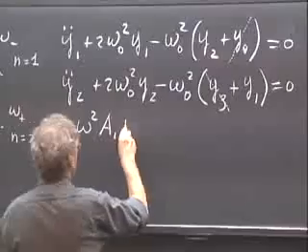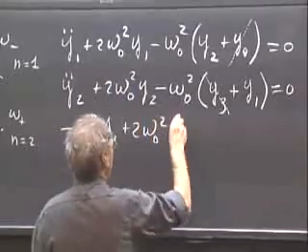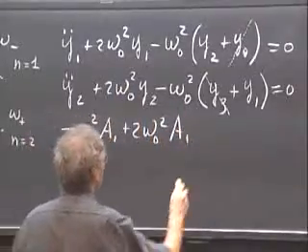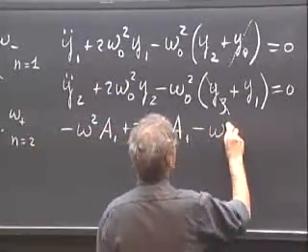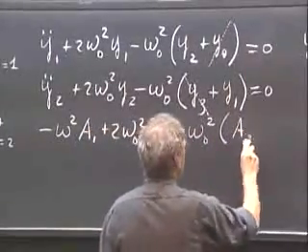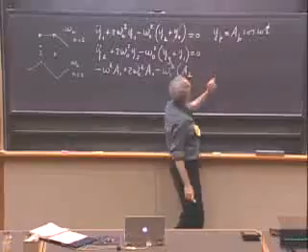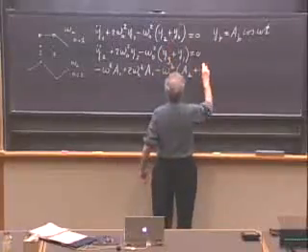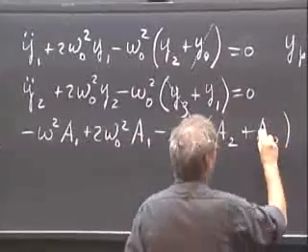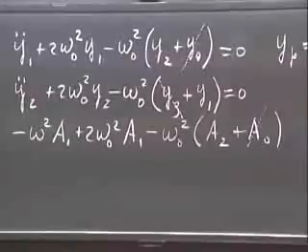Then I get plus 2 omega 0 squared times a1, and then I get minus omega 0 squared times a2, right? Because now I get a2 plus a0, which happens to be 0, but I just put it there. You will see shortly why I want to keep it there.